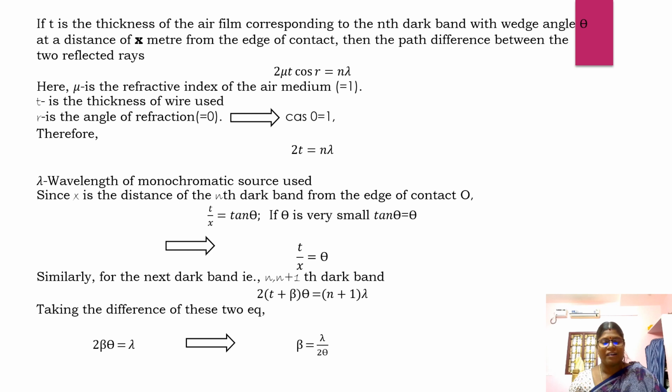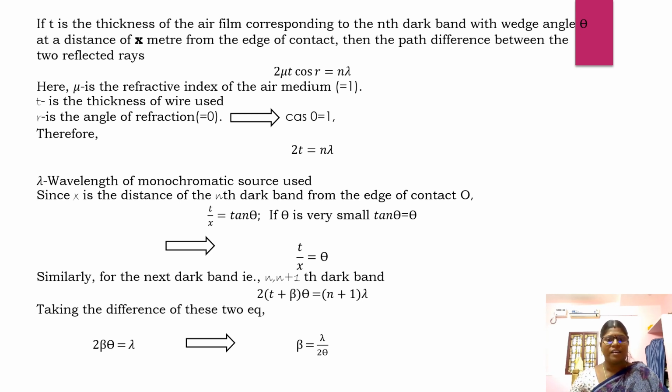Similarly, when you move from n to n plus 1th band, the bandwidth is the distance between the complete length of one dark and one light fringe, which we write as beta. So when you move from the nth dark band to the n plus 1th dark band, you are just moving one complete bandwidth.